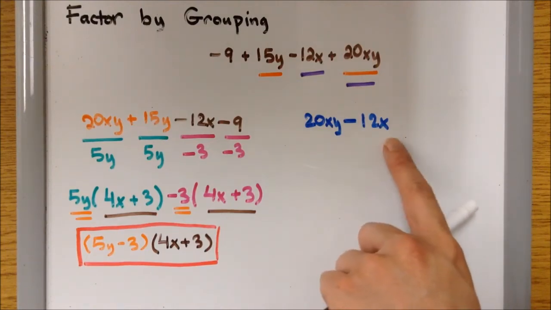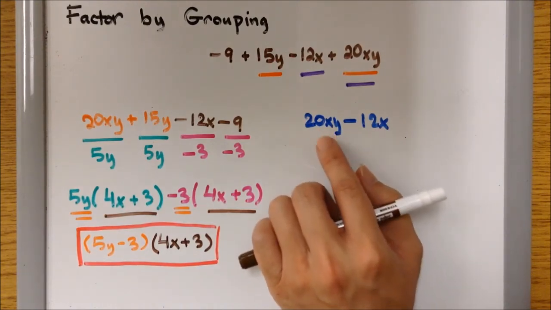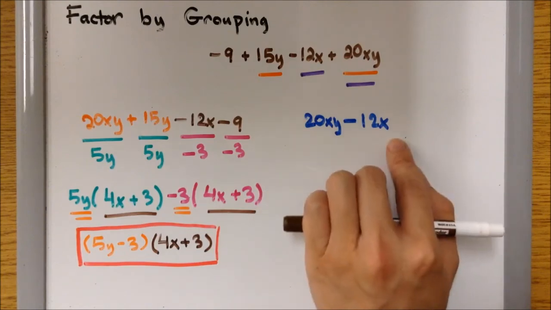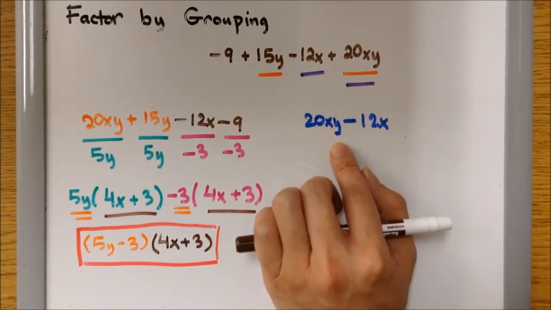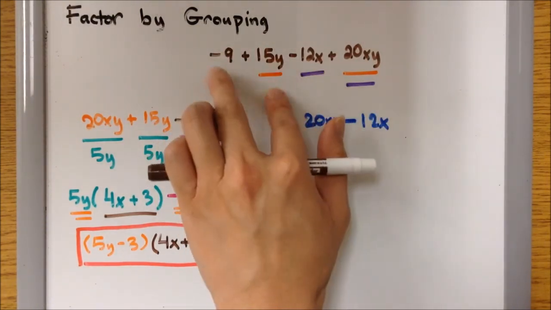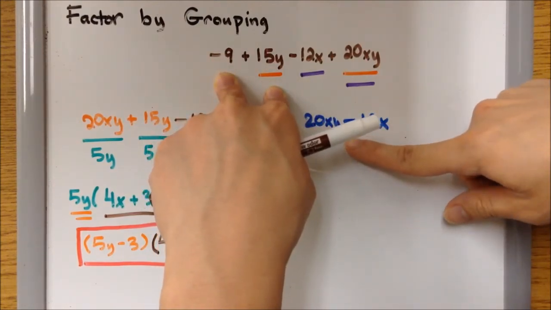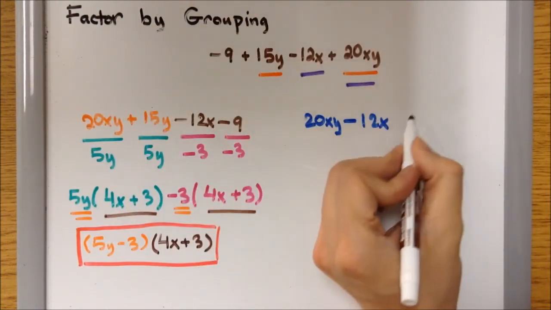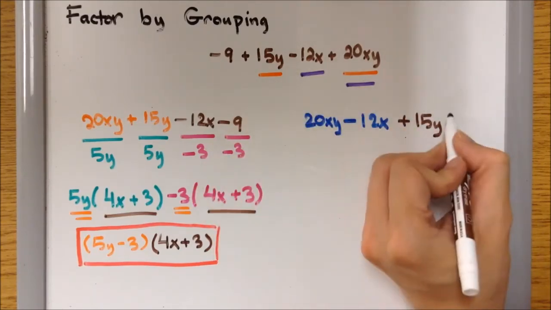What comes after negative 12x should be the one that has the variable as the first term here. So on my left side, my first term has x and y. So the ones that I did not underline in purple, which are these two right here, the one that has a y will come first on the right side. So that would be the plus 15y and then minus 9.